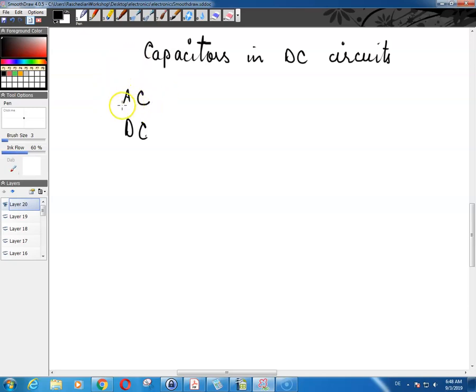About AC, we will talk more about it in the following chapters of this book. But about DC circuits, that's basically what we are doing now.